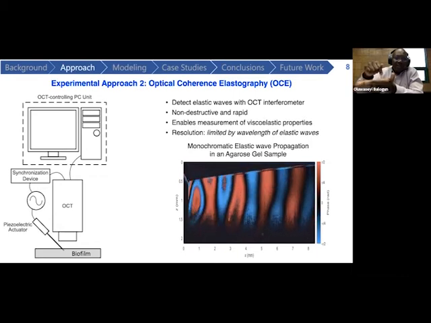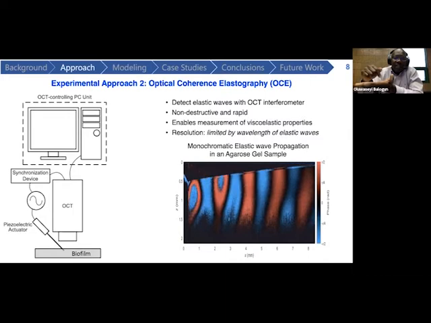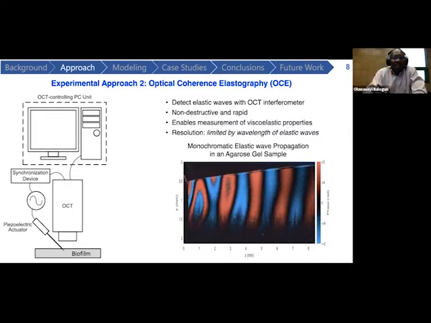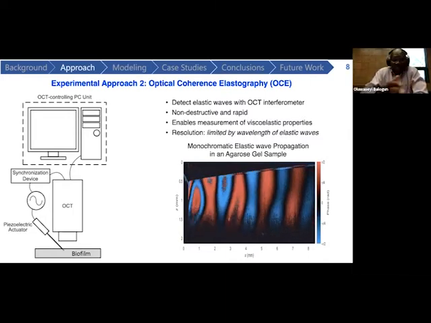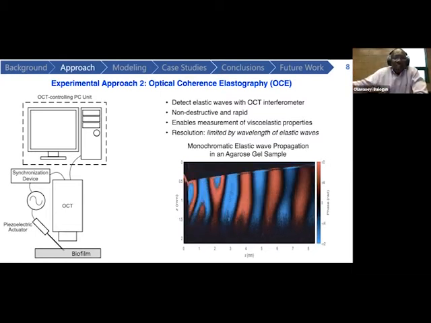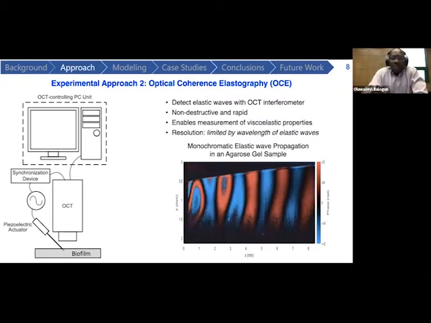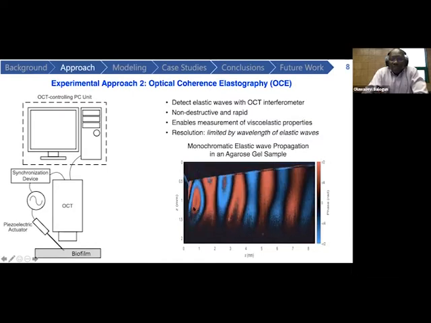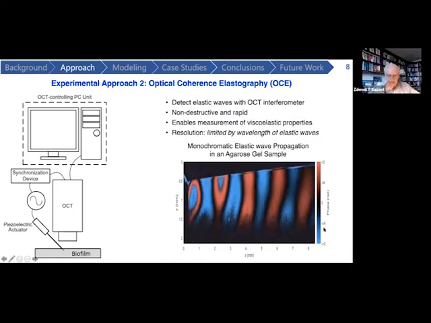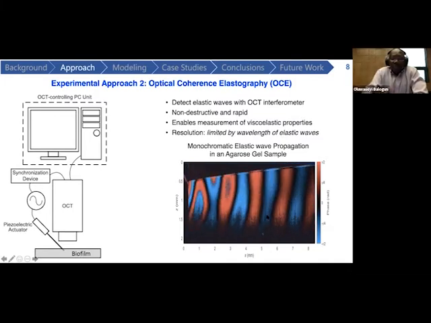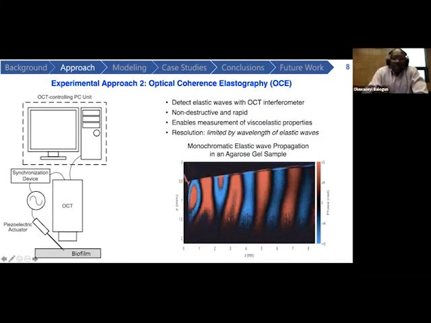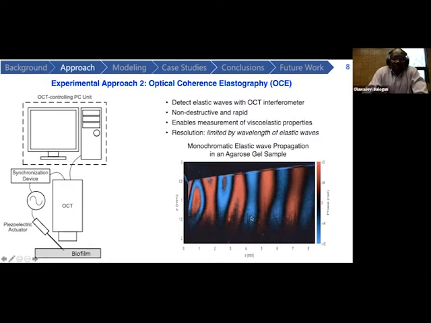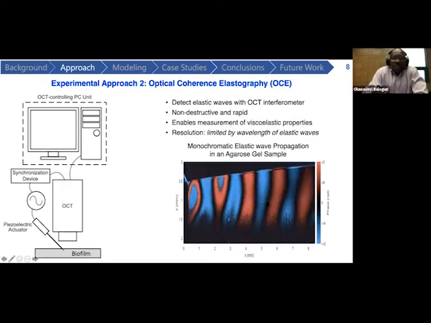These are very light mechanical contacts, so they're not really large deformations, such that our displacements are in the linear elastic regime. We record the displacements as a function of distance within this biofilm, and then we do some processing to determine the wave speeds. I'll get into greater detail on how we do this.